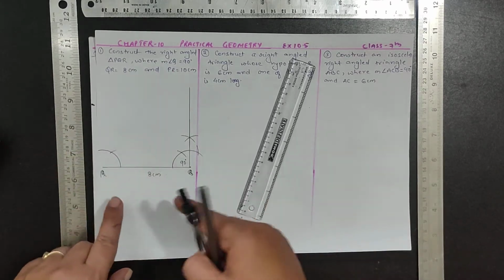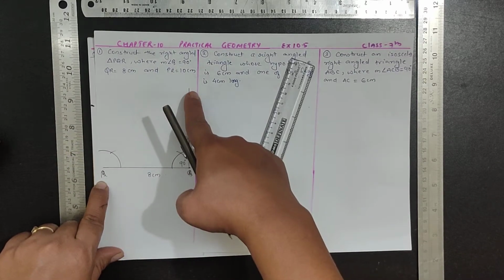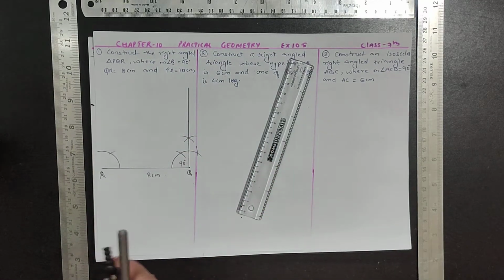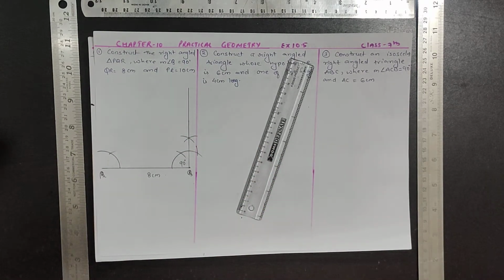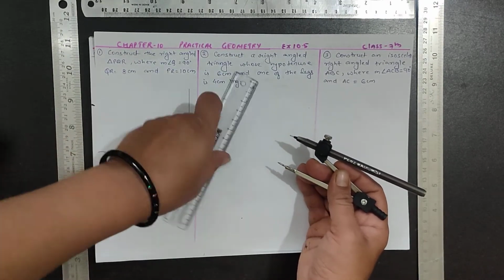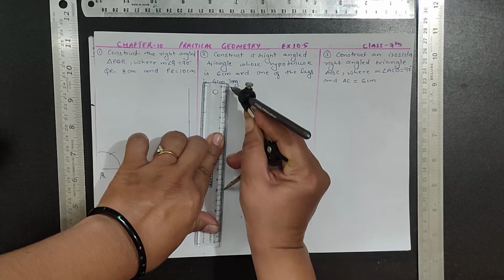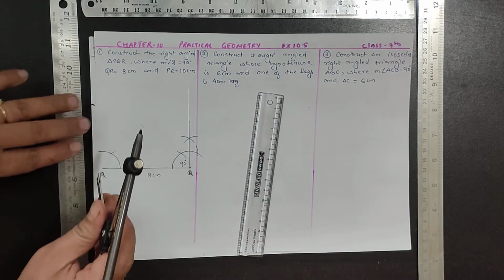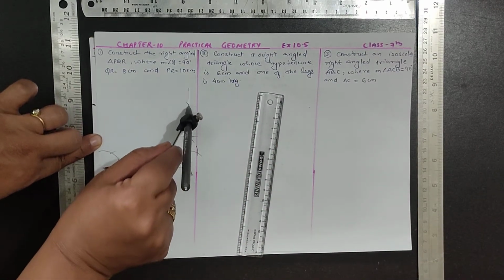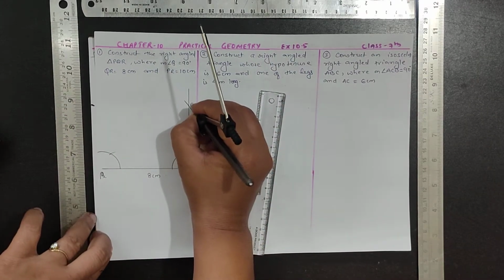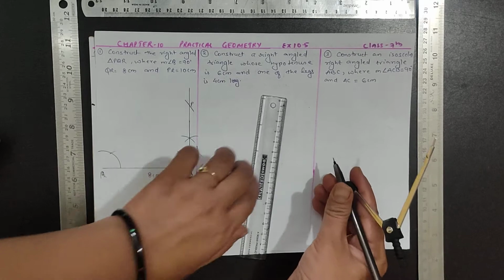And PR is given, and P you will get here. So you need to draw an arc with the center R, a radius 10 centimeter. So let's take a radius of 10 centimeter, and by taking R as center, just draw an arc like this. You will get PQR.